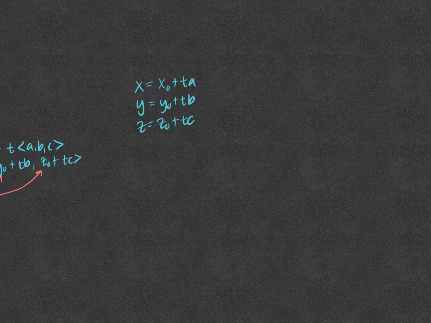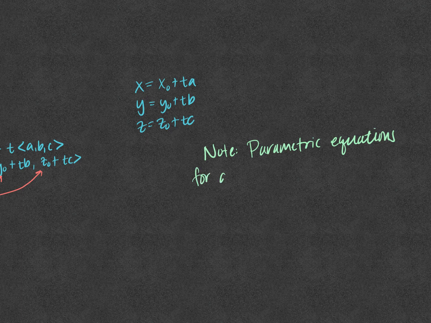So we can make a note. Let's make it over here, note. Parametric equations, because there's more than one, parametric equations for a line through the point P sub o, which is x sub o, y sub o, z sub o, and parallel to the direction vector.